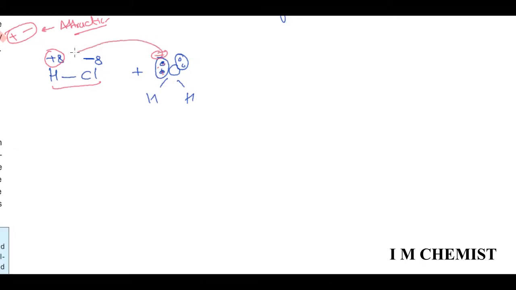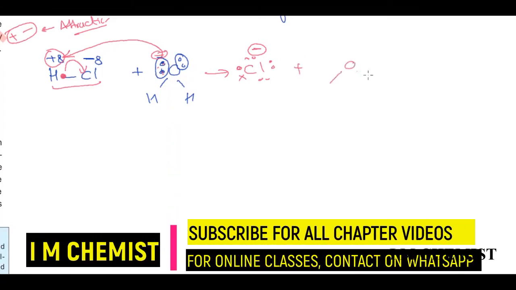So this negative charge will attack the hydrogen atom, and resultantly the electron of hydrogen will be shifted towards chlorine, and you will get the formation of chloride ion, right? Already it is having 7 valence electrons. One electron of hydrogen also comes to it, so how many electrons will it have? 8 valence electrons. So which charge will come on it? Negative, because it has gained an electron. From where? It must have taken its electron from hydrogen.